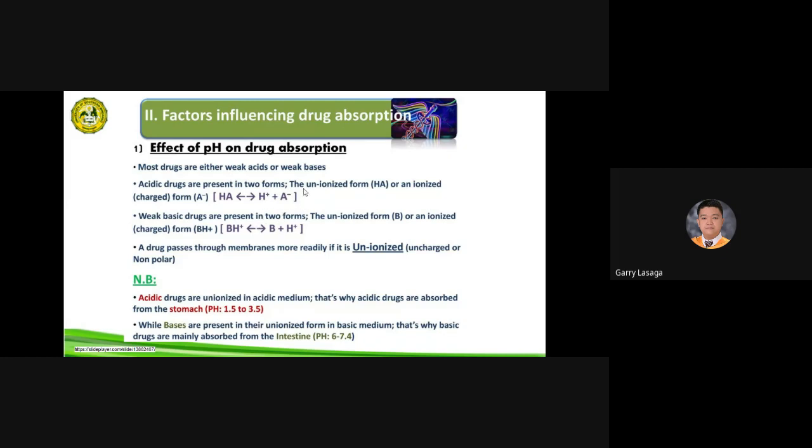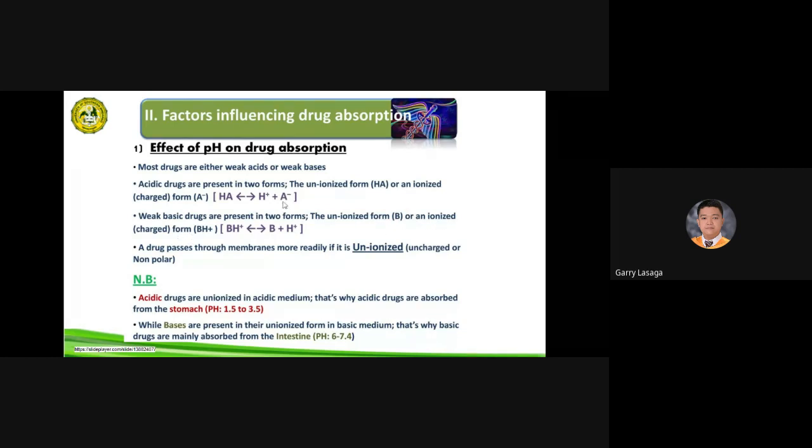So the other term for the unionized form of a drug is the unprotonated form. The other term for the ionized form of a drug is the protonated form. From the word proton, proton refers to the hydrogen ions. For weak basic drugs, they are present in two forms, the unionized form and the ionized form.